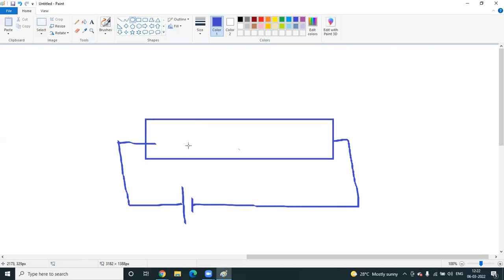You know this is a metal. So metal is a conductor. Conductor means inside that atoms will be there. So these are atoms. They will be arranged in a crystal structure.